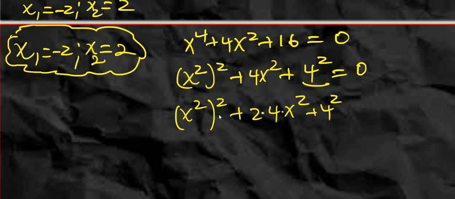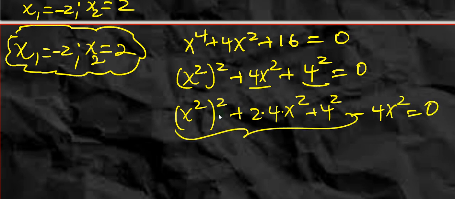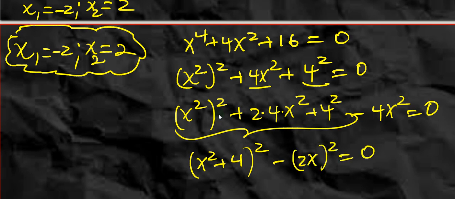But remember that we have 4 here only, and then we're gonna have 8 here, right? So 8 minus 4, we have to say minus 4x squared equals 0. So now this one here is a perfect square, which is x squared plus 4 to the power of 2 minus this one here, 4x squared, and I can write this as 2x to the power of 2, and then this is equal to 0.